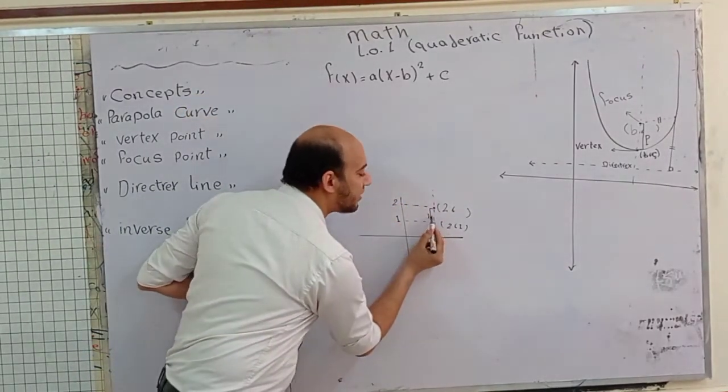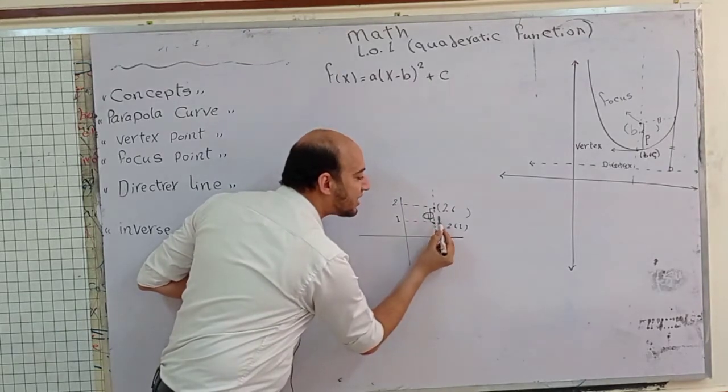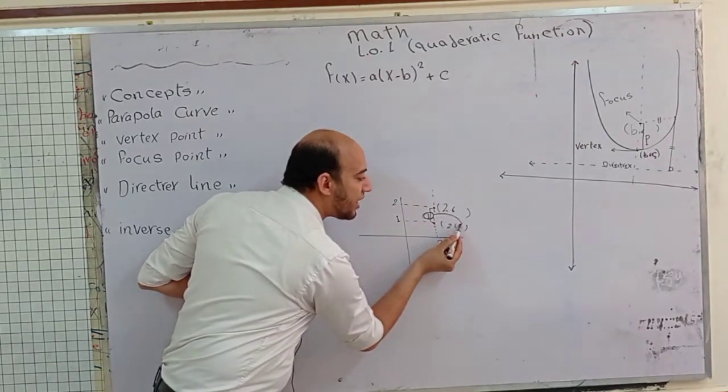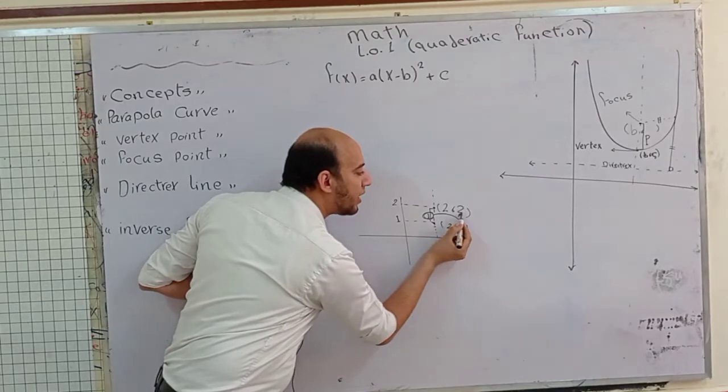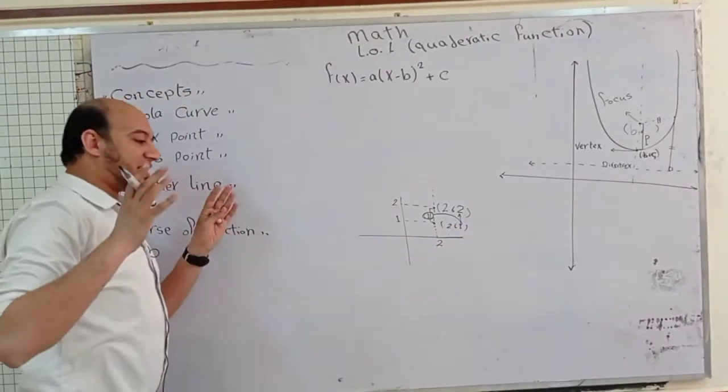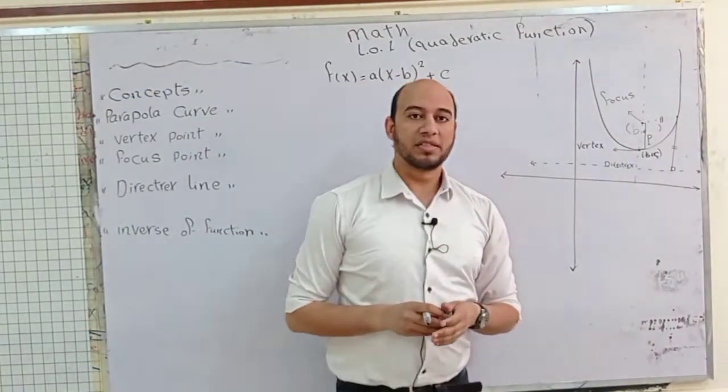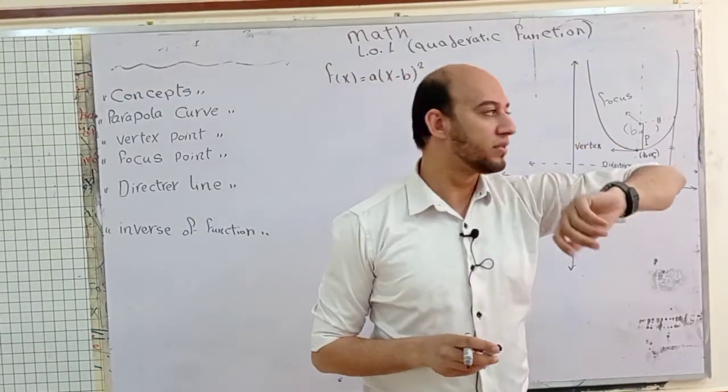We add the distance to the coordinate. That is what we have done with the vertex and the focus.